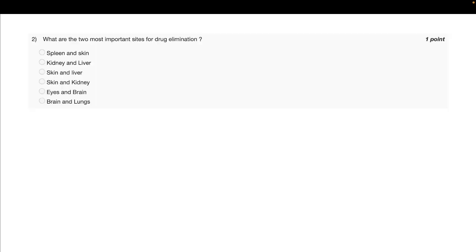Okay, let's look at the next question. What are the two most important sites for drug elimination? And these are your options. Anybody? Kidney and liver. Kidney and liver. Okay, thank you.